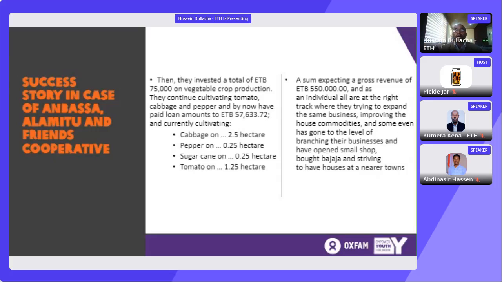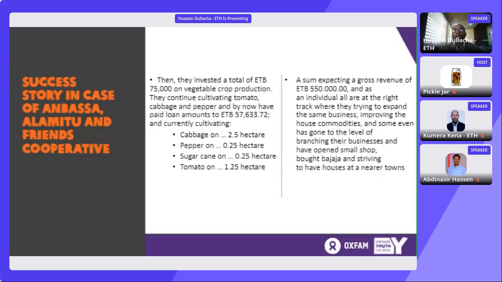The group members mentioned above, Ambassa and Alamitu, began with this small size of land farming tomato and cabbage, and now they have expanded to more crops like pepper, cultivating around 4.5 hectare.